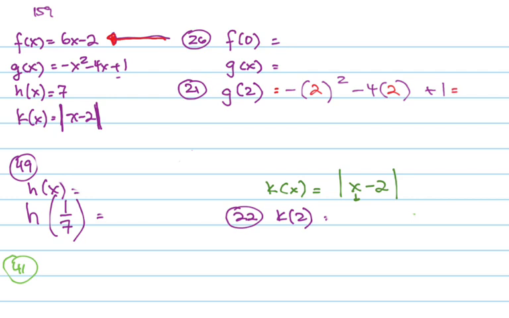Equals? Negative 11? Negative 3? Negative 3 is what you get from negative 2 squared is positive 4, minus 8 is a negative 4, plus 1 is a negative 3.